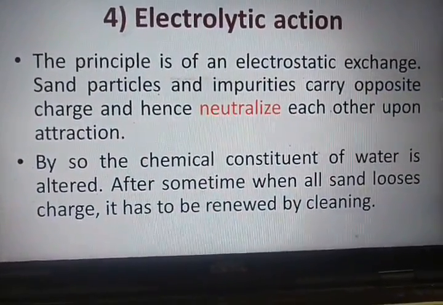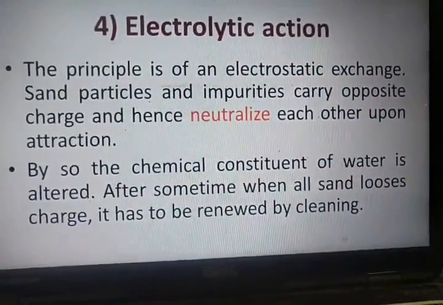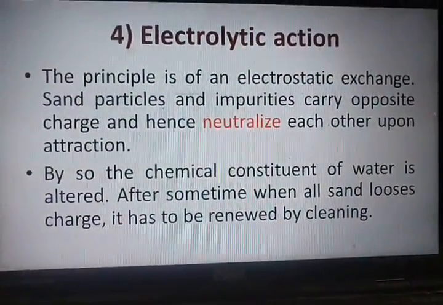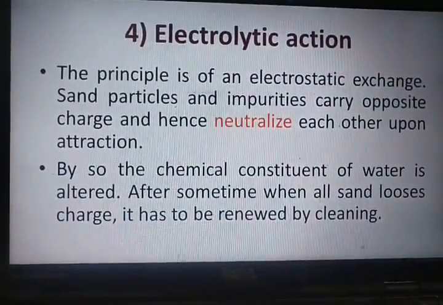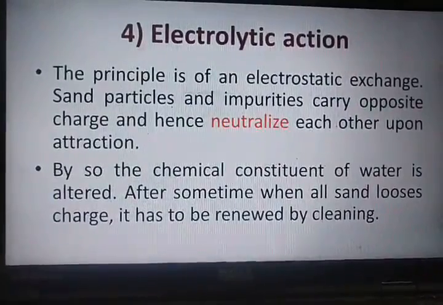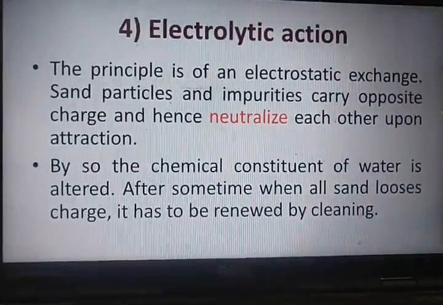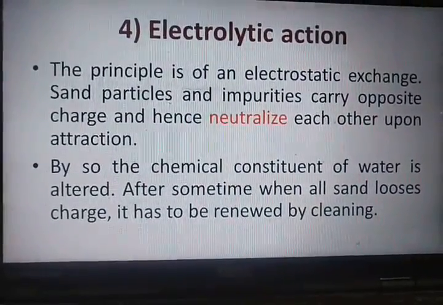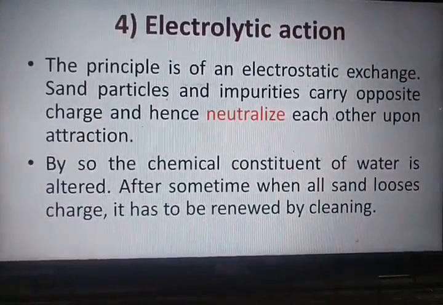Then the fourth one is the electrolytic action. Like I told you in the beginning while we discussed the characteristics of water, there could be many impurities in the water, which include total solids, suspended solids, colloidal solids, charged particles, and many other such impurities.